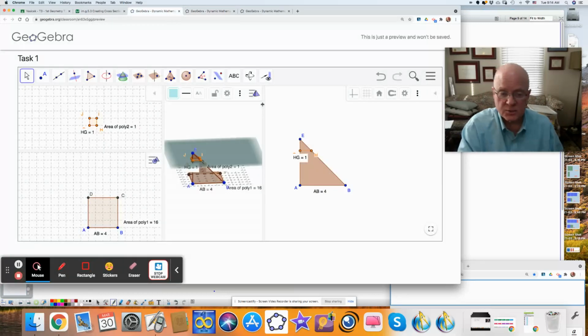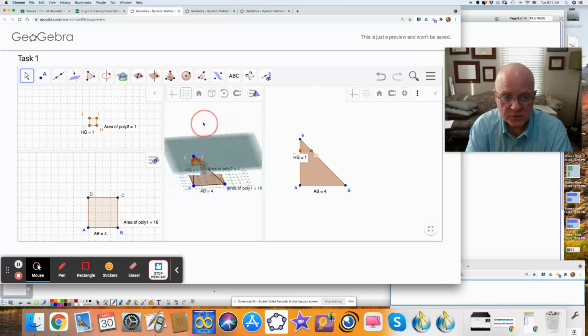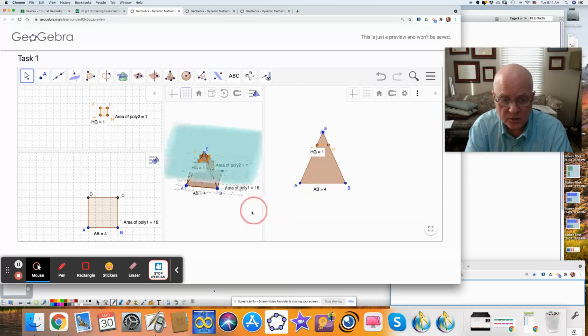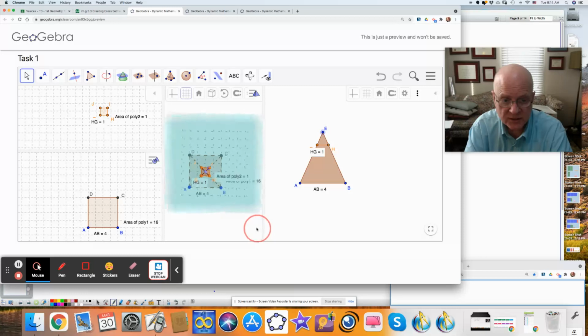The third one is one that I wanted you to explore. The original had this center point somewhere over here. If I were to move this around, it would be in the center of this.